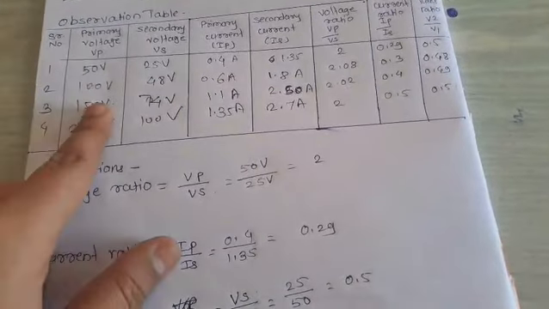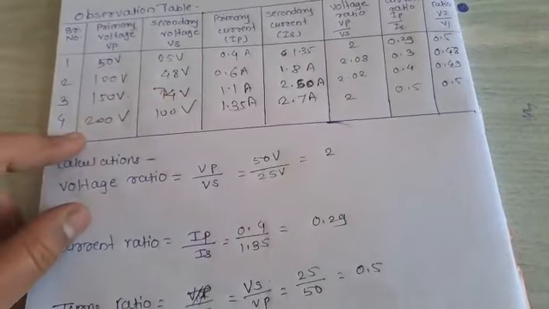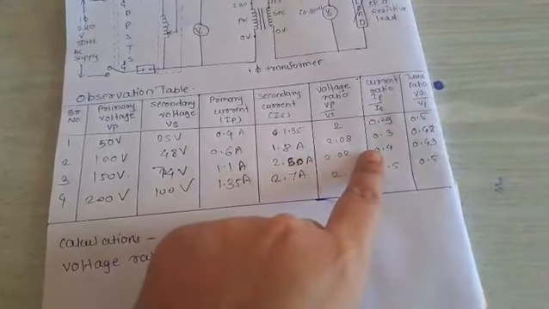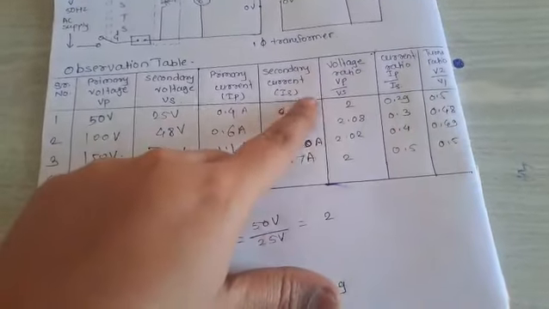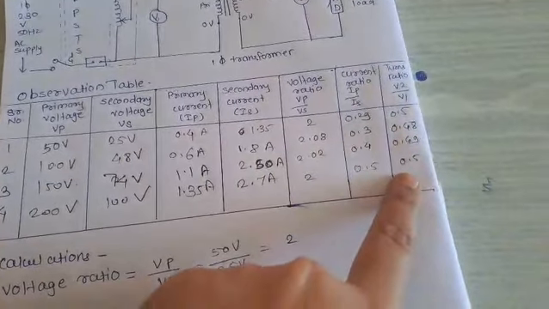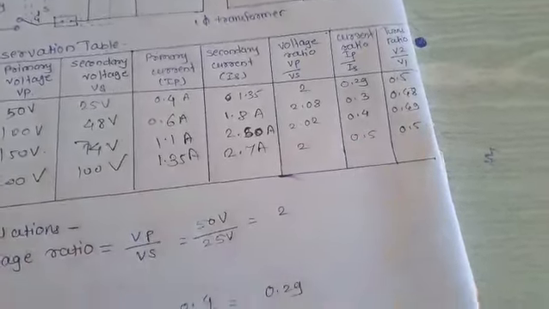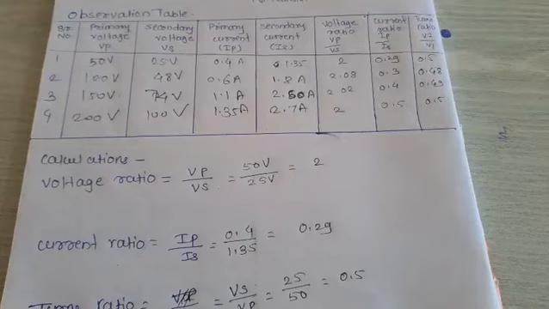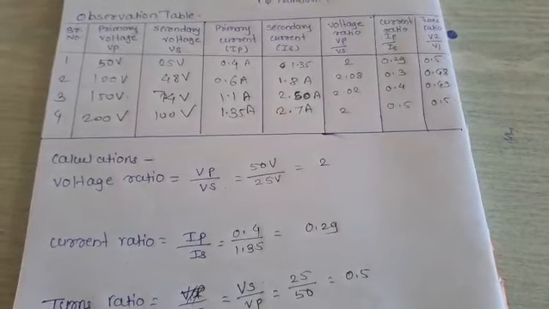Similarly we calculated the values for the other readings: the voltage ratio is nearly 2, the current ratio is nearly 3, and the turns ratio is nearly 0.5. So here we are studying the voltage ratio and current ratio of the single phase transformer.